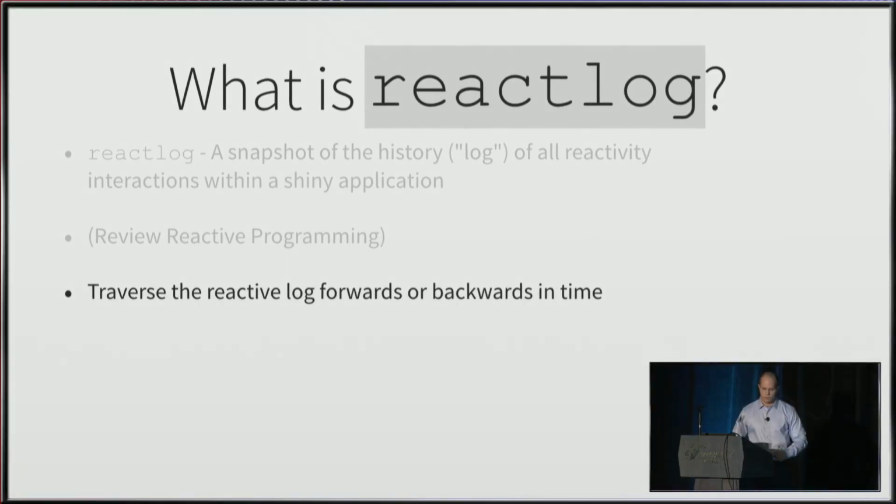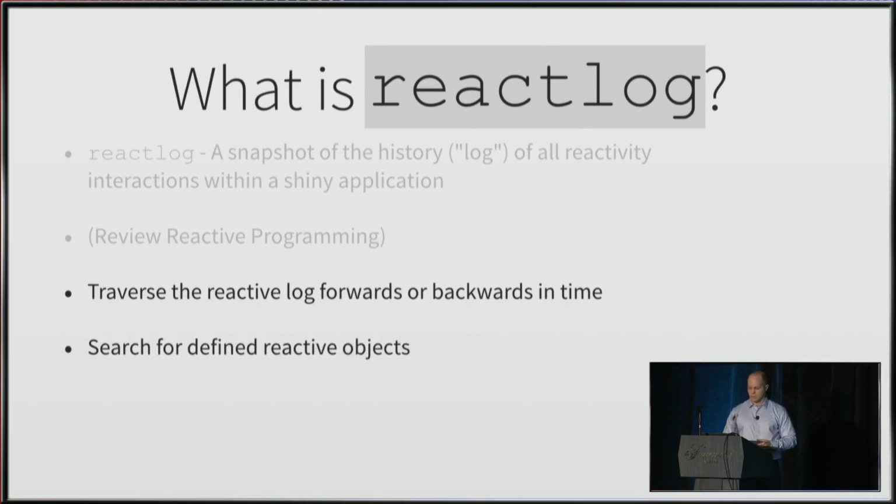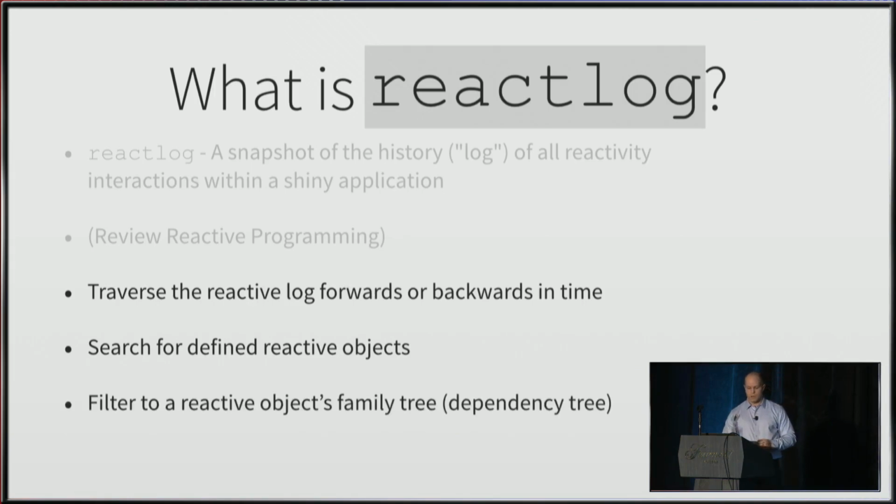So with Reactlog, we're going to set up this dependency tree, and then we're going to traverse backwards and forwards through this reactivity history. We're also going to be able to search for reactive elements, because even though we all love our hello world applications, we're building some complex applications and need to search for that. Once we've searched for them, we want to filter.